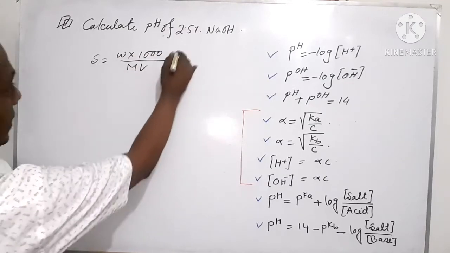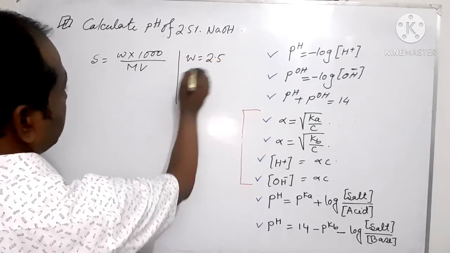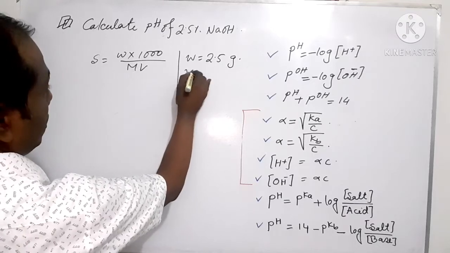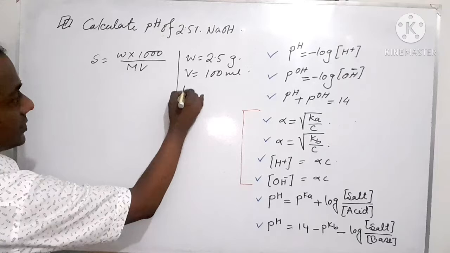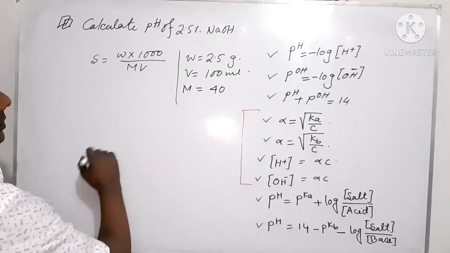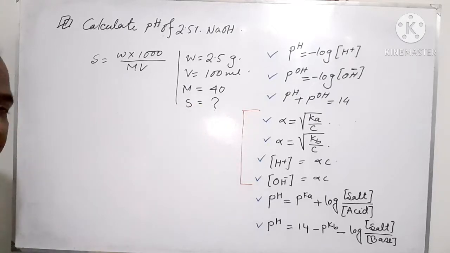Here W equal to 2.5 gram and volume V equal to 100 ml, and molecular mass of sodium hydroxide is 40. Molar concentration S equal to what?